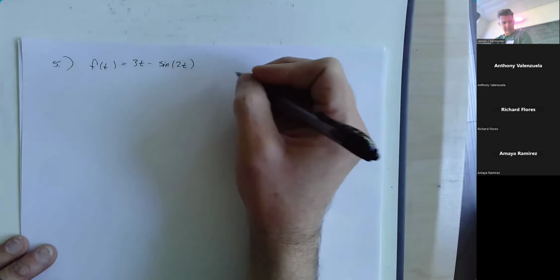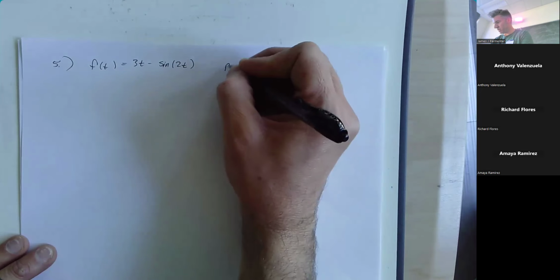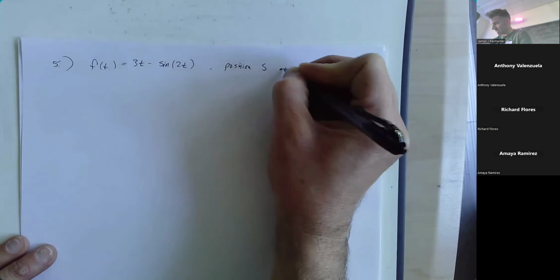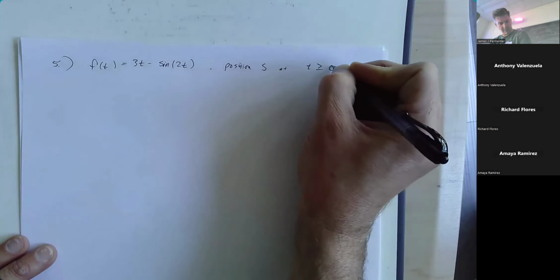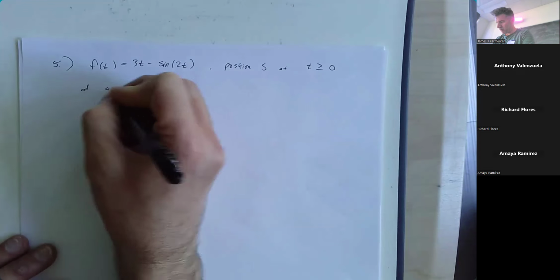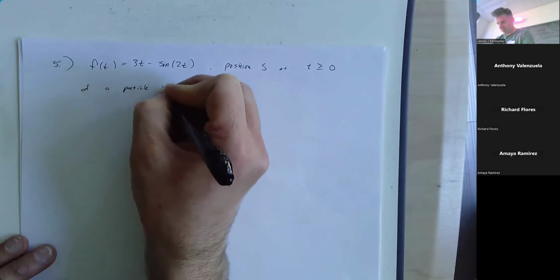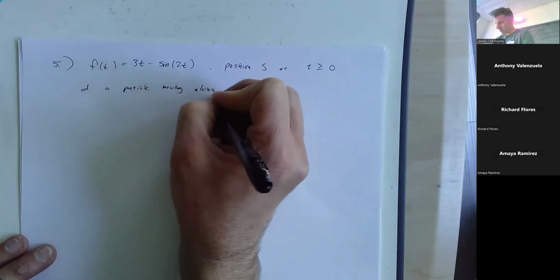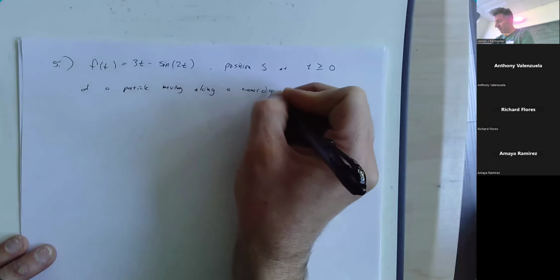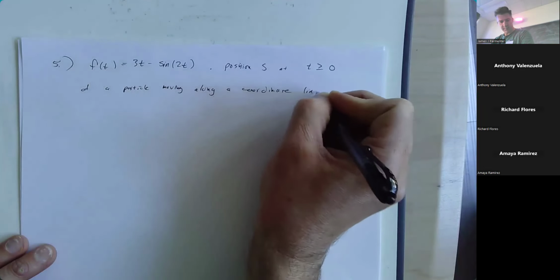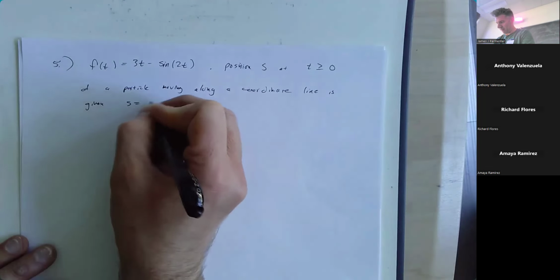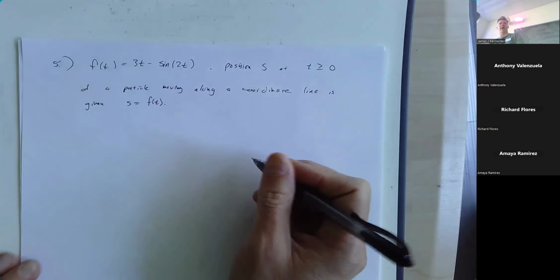The position S at time t greater than or equal to 0 of a particle moving along the coordinate line, like the x-axis, is given by S equal to f of t, which feels like a lot of writing for not saying a whole lot. You could just say the position is given by f of t.